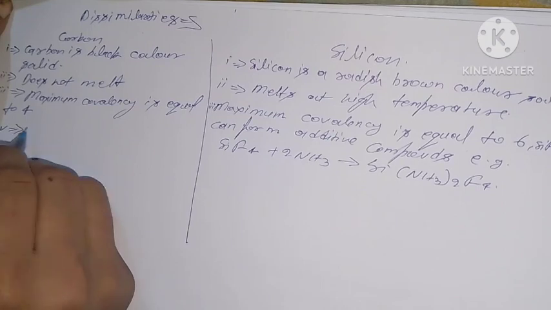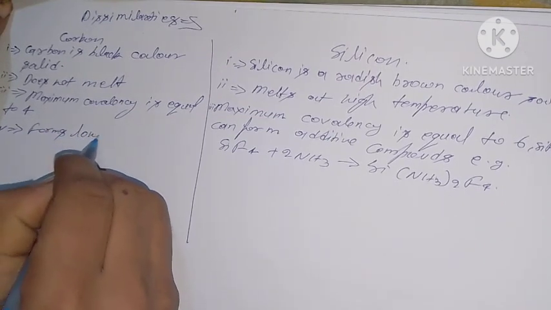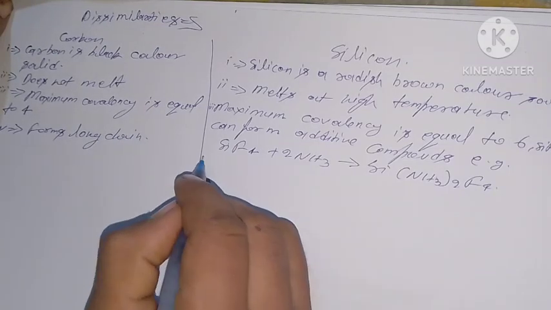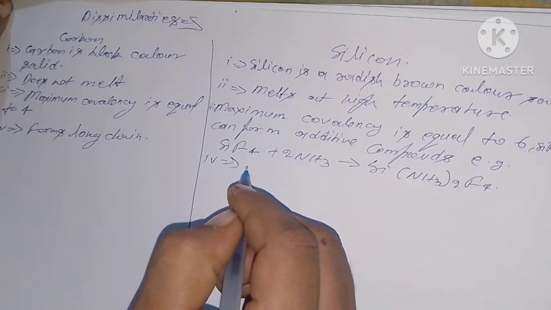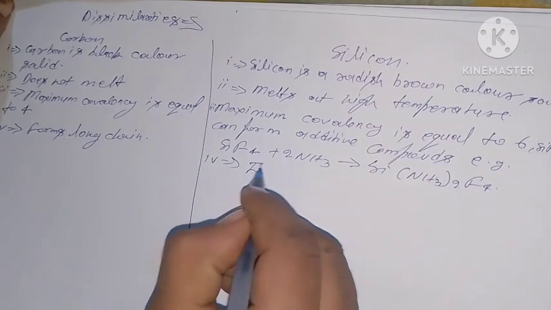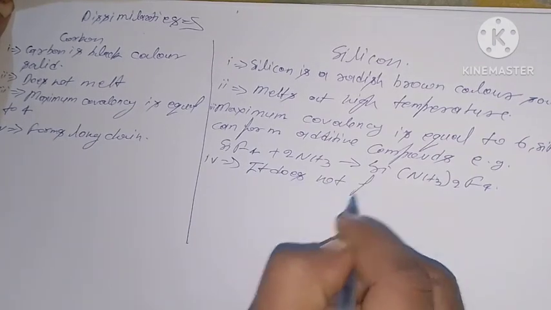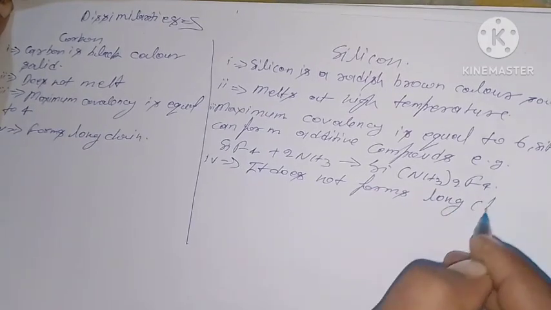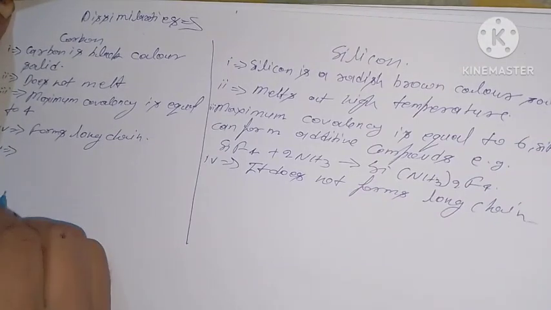Fourth point. Carbon forms long chains, and silicon does not form long chains. Fifth point.